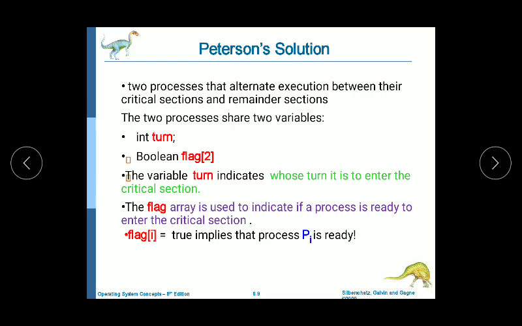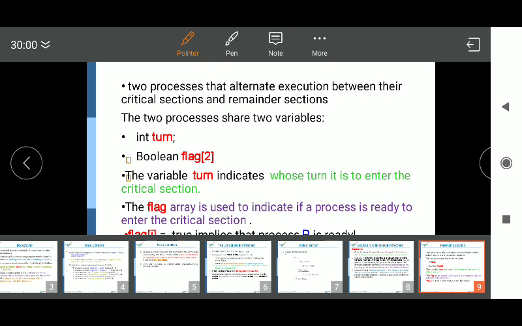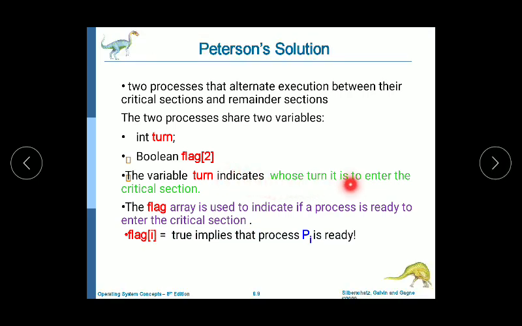Peterson's solution requires two processes to share two variables. What are the two variables? That is int turn and boolean flag[2]. So variable turn indicates whose turn it is to enter the critical section. Okay, turn indicates who will enter into the critical section. Then the flag array is used to indicate if a process is ready to enter the critical section.